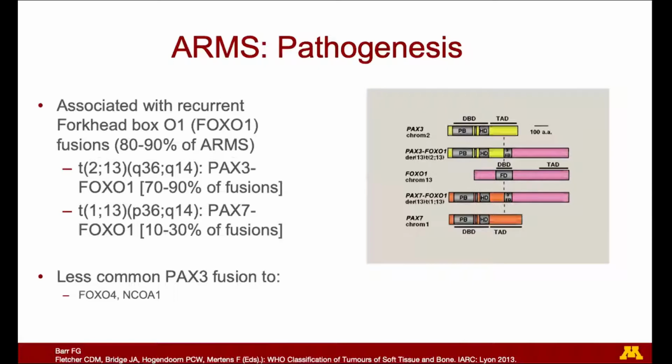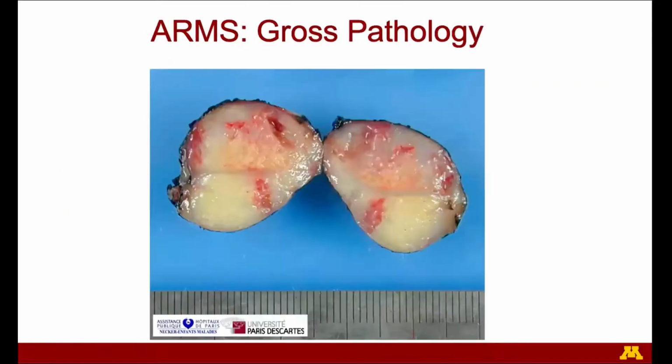Of those FOXO1 fusions, 70 to 90% have a fusion with PAX3 gene located on chromosome 2, and 10 to 30% have fusion with PAX7 gene located on chromosome 1. Less common fusion gene variants include the fusion of PAX3 to FOXO1 or NQA1. Please also remember these less common fusions. We will get back to them later in this talk.